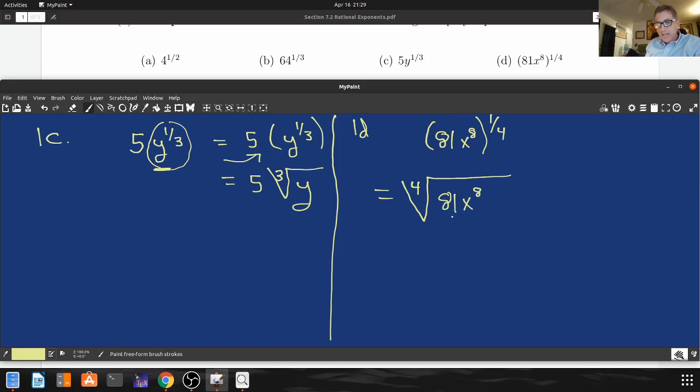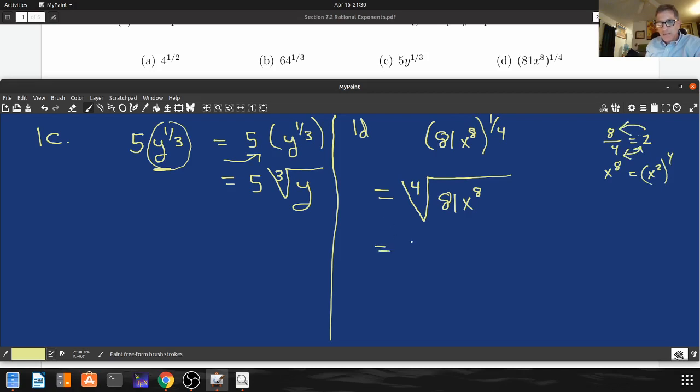So I want to write 81 as something to the 4th power. X to the 8th will not be difficult. 8 divided by 4 is equal to 2. So x to the 8th is x squared to the 4th, because 2 times 4 gives me 8.